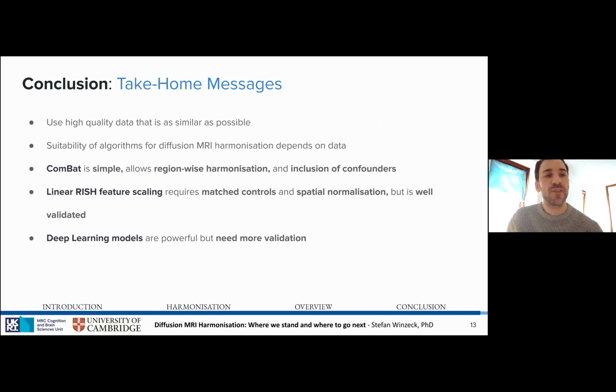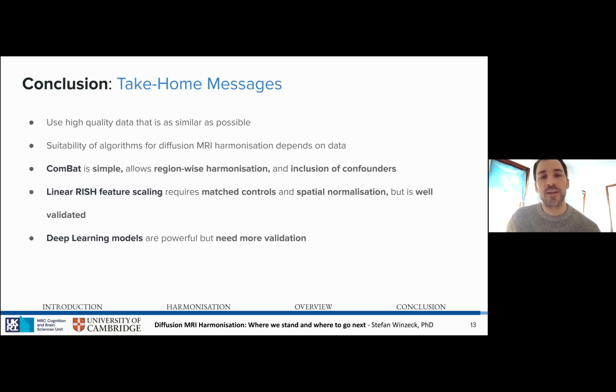So the take-home message is that you should have high quality data, because that makes your life easier. There are different algorithms, but it really depends on your data, whatever you have, depending on how different they are or how many matched controls you have. Combat is quite simple, can be applied also to regions, and you can include confounding factors.